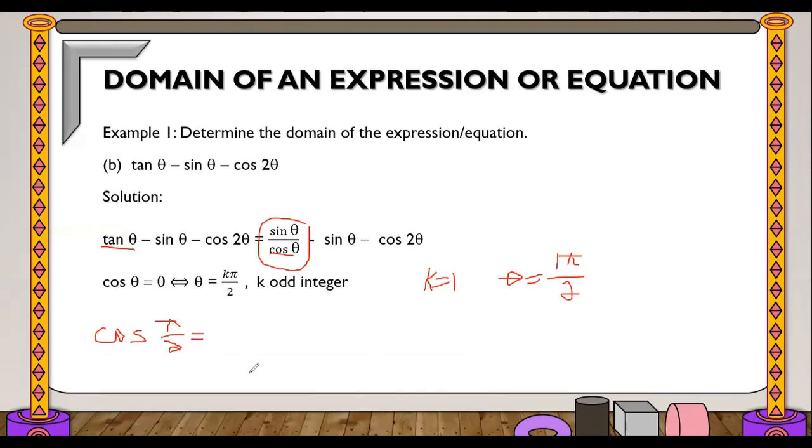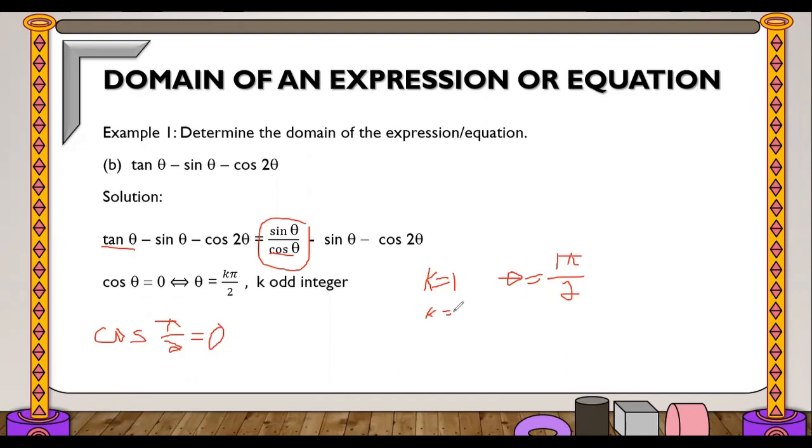So, ang cosine pi over 2, and that is equal to 0, di ba? So, ang mga cosine theta natin ay magiging 0 sa mga theta na pi over 2, lahat ng k odd integers. Susunod nun ay k equals 3.